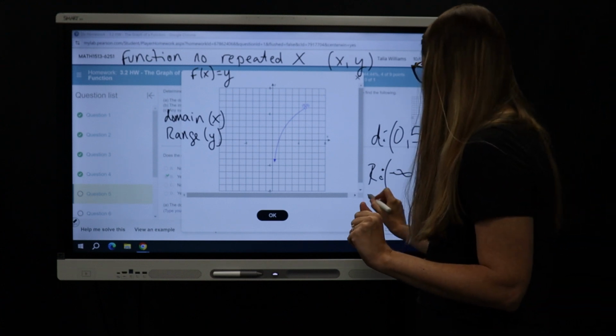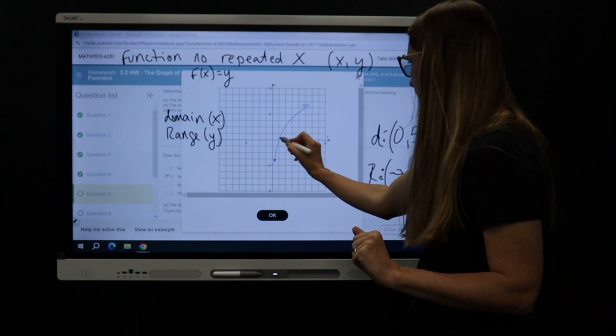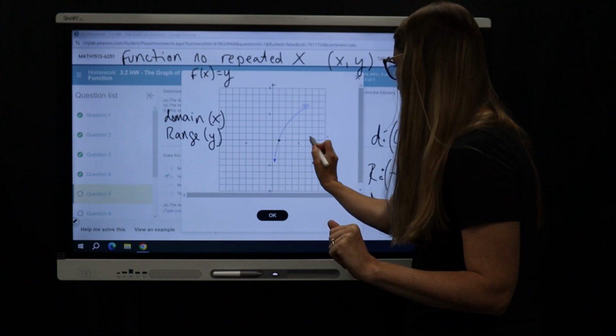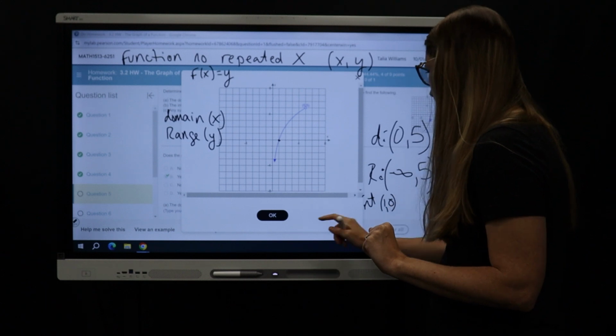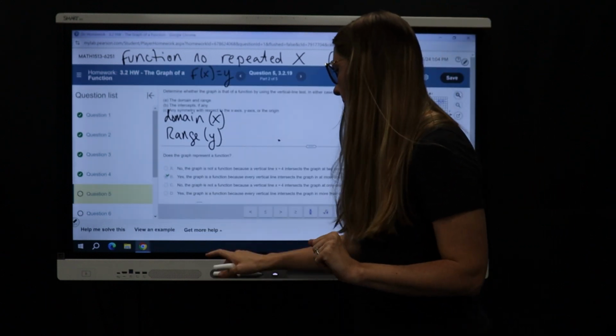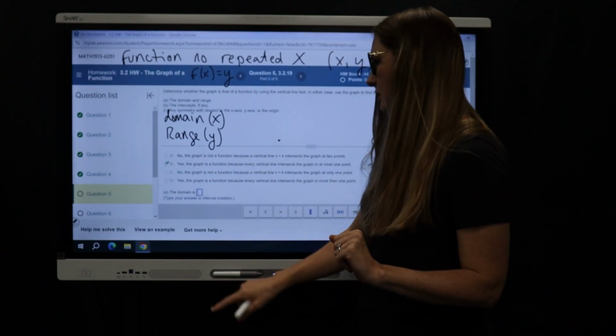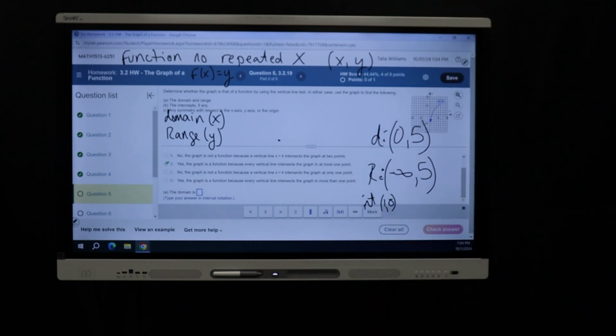And then our intercepts, it crosses right here. These are going by 1, so it's going to be at 1, 0. And this graph has no symmetry. It doesn't matter how you fold it in, line it up.